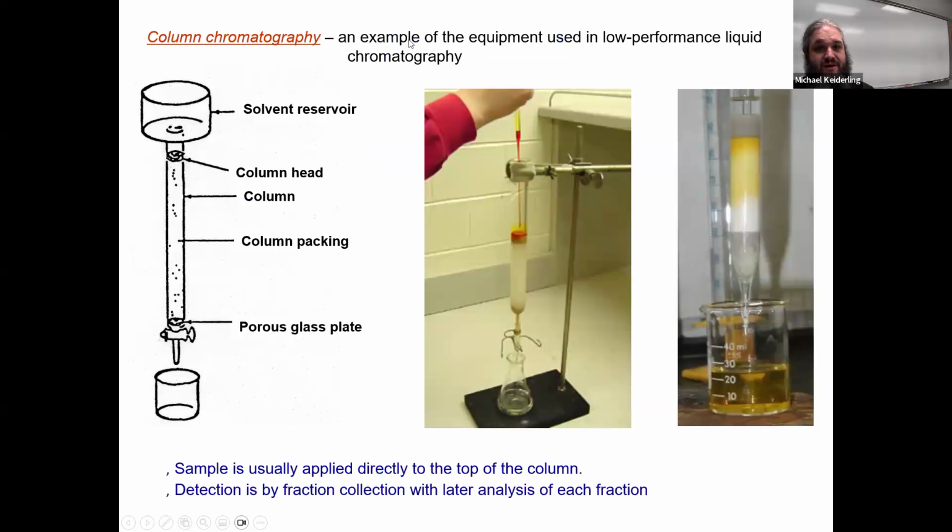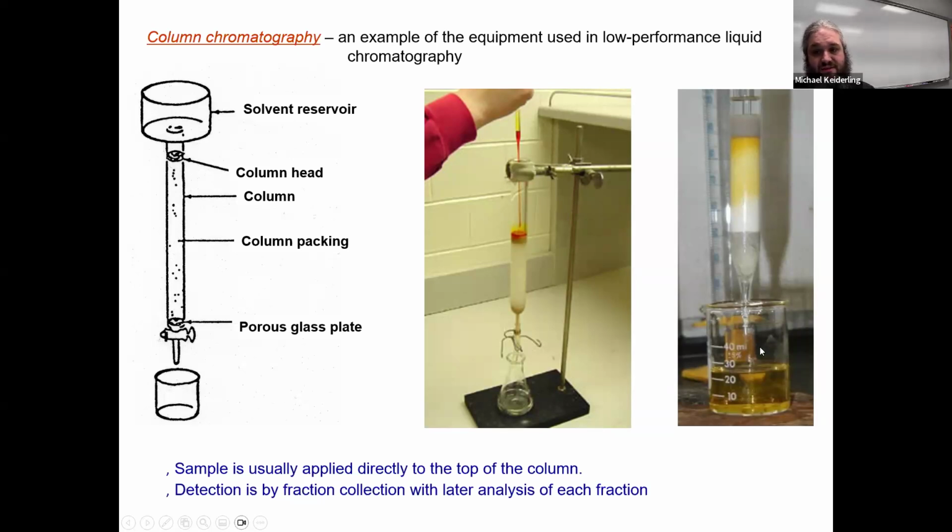For example, column chromatography, you have just a column of material built on top of a porous glass plate with a column head and a solvent reservoir above. You apply the sample directly to the top of the column. And then the detection is by just collecting different fractions with data analysis of each fraction.